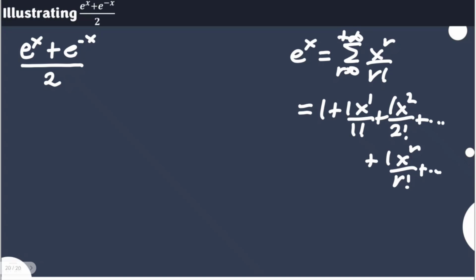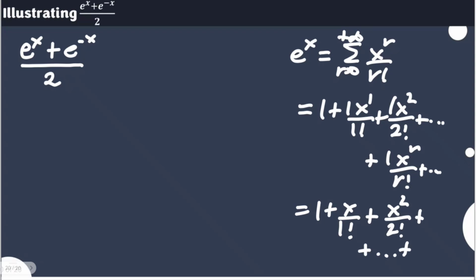So this is its equivalent form. In simplified form, you have 1 plus x over 1 factorial plus x squared over 2 factorial plus so on and so forth until you reach again x to the power of r over r factorial. That's for e to the power of x.